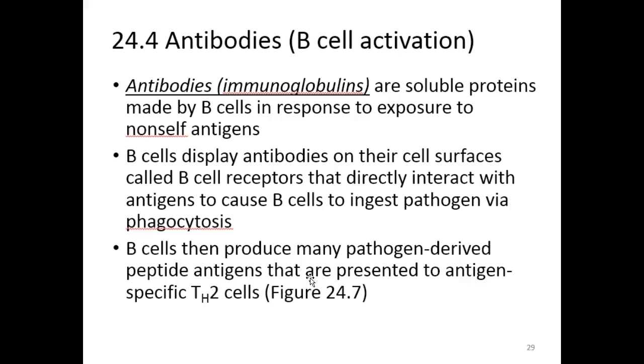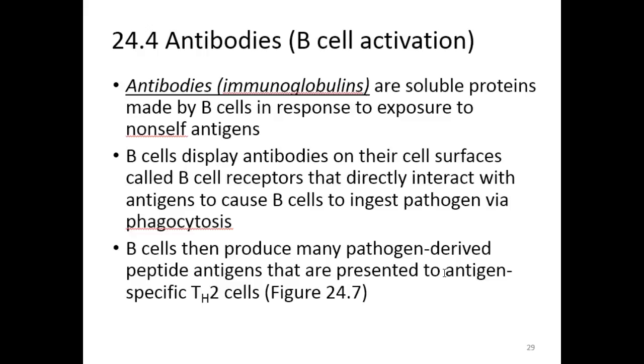So let's talk about this other branch of immunity, the B cell activation. Immunoglobulins, as I said before, are soluble proteins made by B cells once they've been stimulated through an antigen recognition event. B cells display antibodies on their cell surfaces called receptors that can directly interact with antigens, which then cause the B cells to ingest the pathogen through phagocytosis.